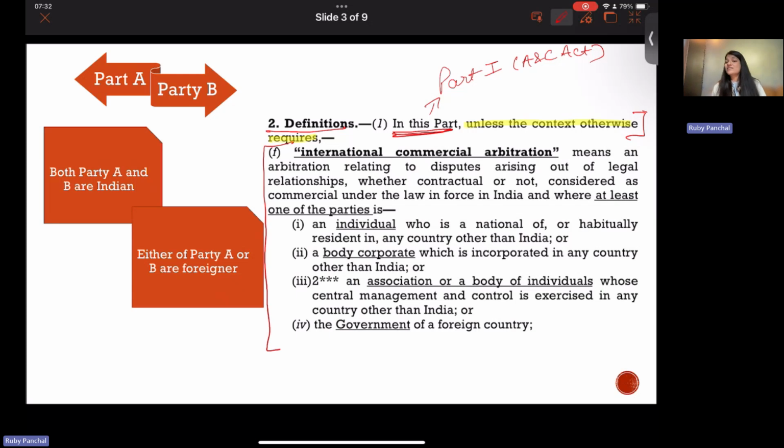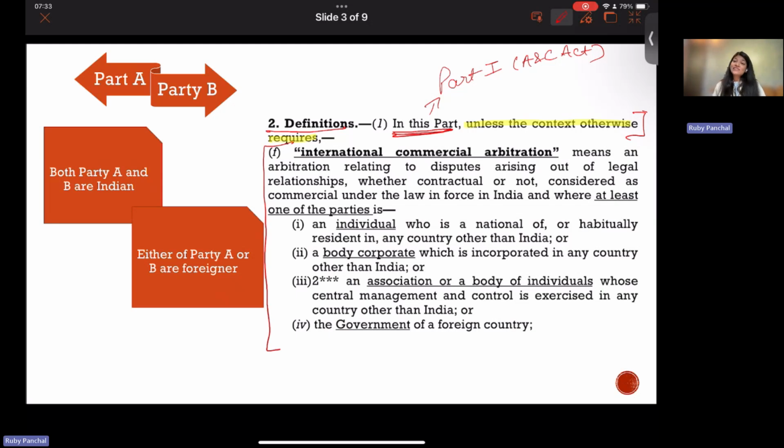And if the context of the provision is different, perhaps these definitions could have another meaning attached to them, right? So these section 2 definitions that we are seeing would only be applicable, and we will only read these definitions, so far as the context in the provision is the same.